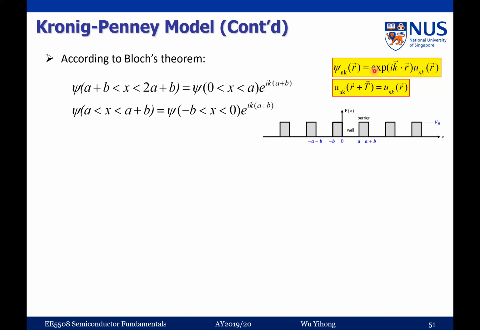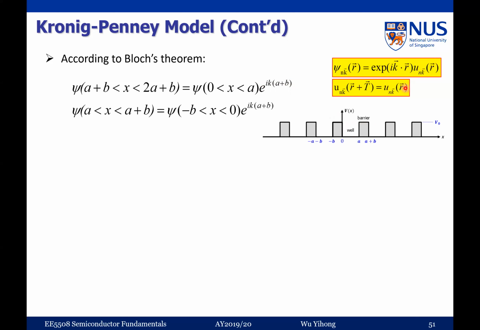However, this one, when r changes by, for example, a plus b, then of course you have an additional phase k multiplied by a plus b, right? Because in the one-dimensional case, you don't need the dot product, just multiply. So the wave function in this region multiplied by this phase factor will be the wave function of this region. We directly follow this Bloch theorem, right? That's because this one does not change if you go by one period.